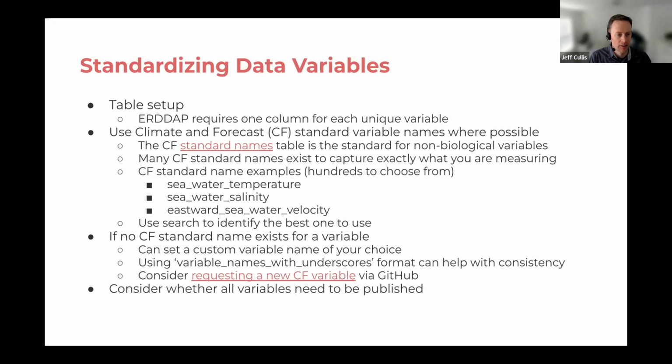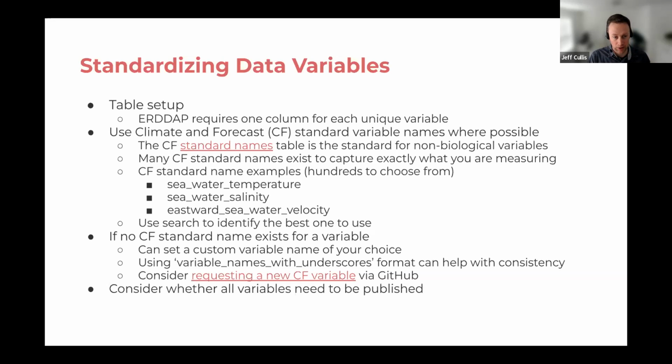And then for climate and forecast, if there's a standard name that the climate and forecast conventions define that you can use for your variable, then that's what we would like to standardize on. There's a link there I can share if people are interested afterwards, about what exactly you're capturing with your measurement.